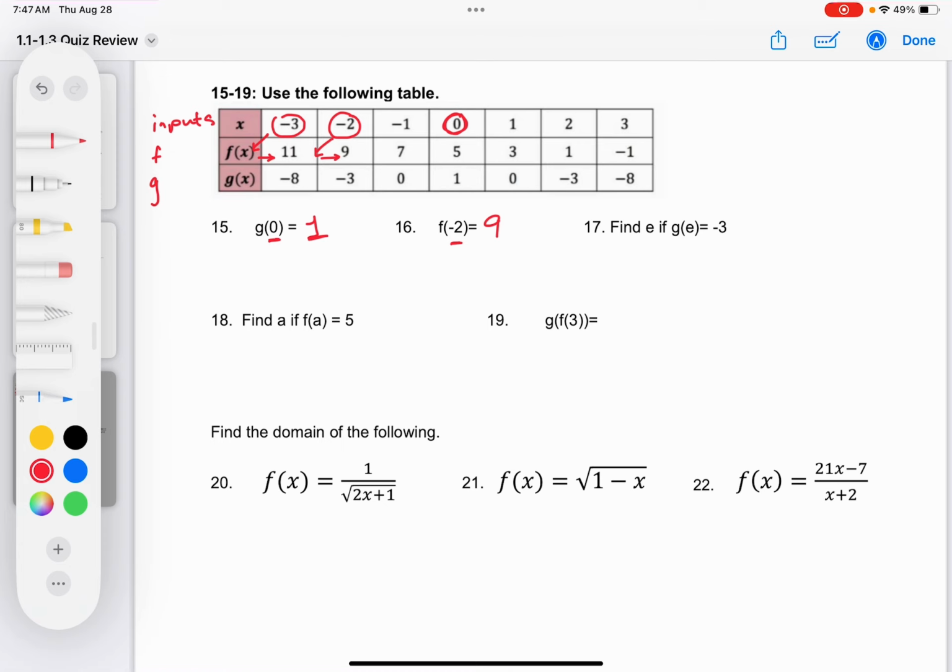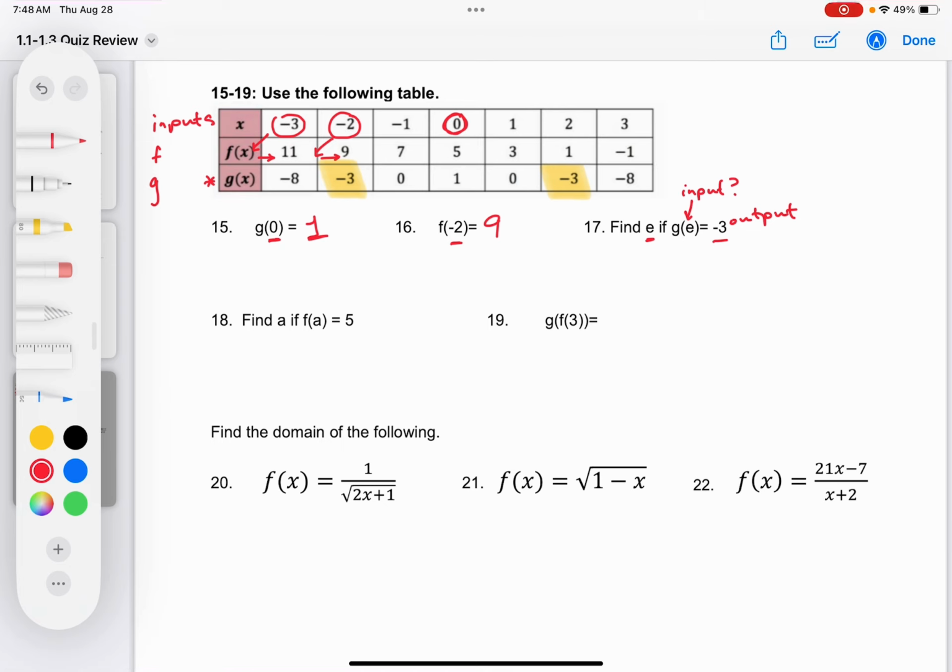And then lastly, it says find e if g of e equals -3. So it's asking what's your input to function g if your output is -3. So we'd go down to function g, all the way over to -3, and we actually have 2 locations where our output is -3, and that's okay.